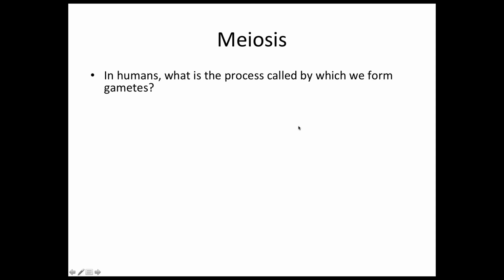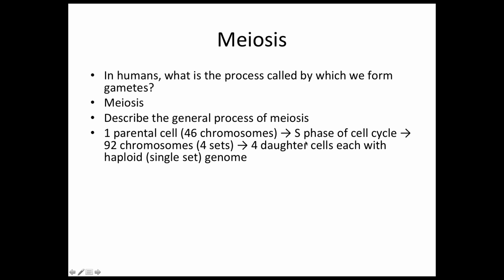So meiosis. What's the process called in which we form gametes? Describe the general process of meiosis. Who wants to give a stab at this? Let's go with Manu. Meiosis, like you said, is the process by which we make gametes. It consists of two cell divisions, meiosis 1 and meiosis 2, and the end result is that you make haploid cells. Yeah, good.